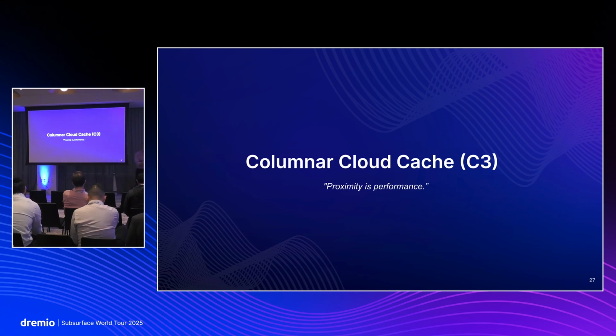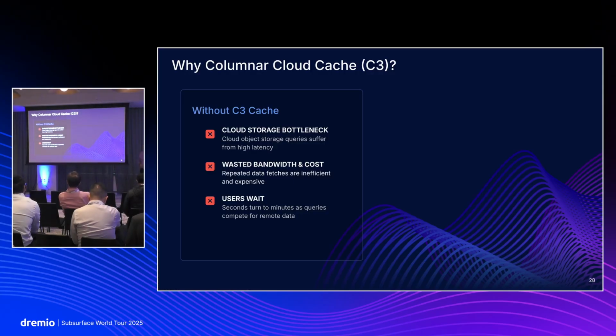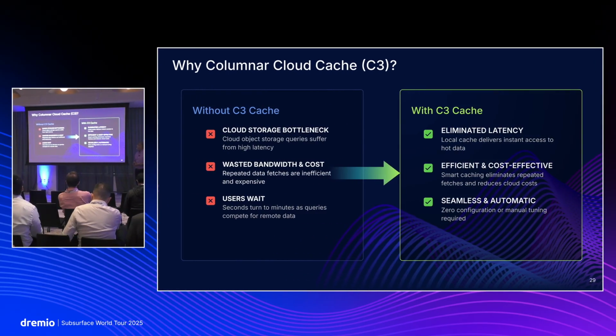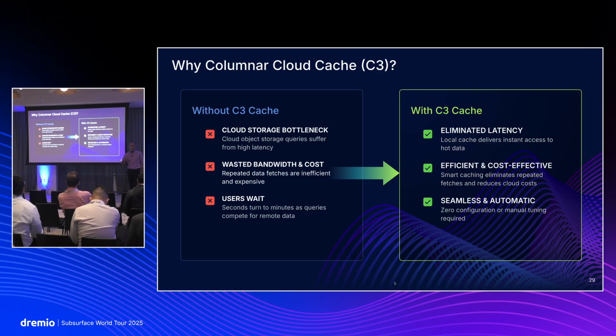Dremio, with its Columnar Cloud Cache, can accelerate performance by caching hot data close to compute. So instead of going to the object store for queries, it can cache hot data that is used often on local disk, and automatically remove data from the local store that is not frequently accessed, without you having to do anything.